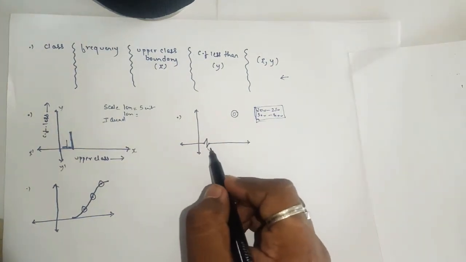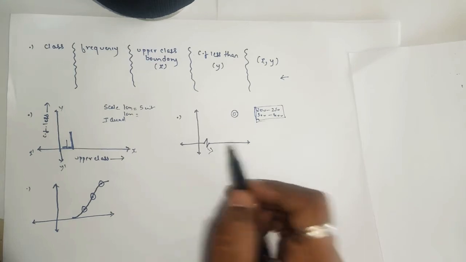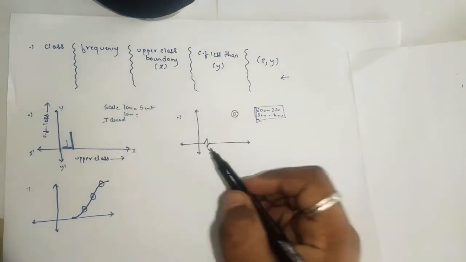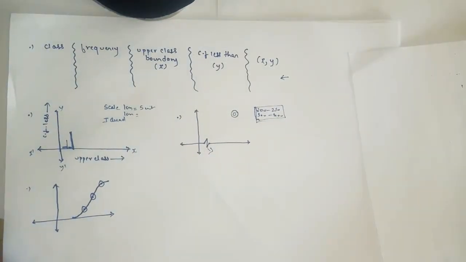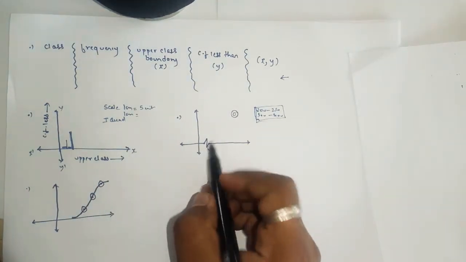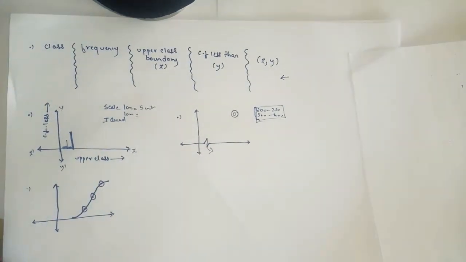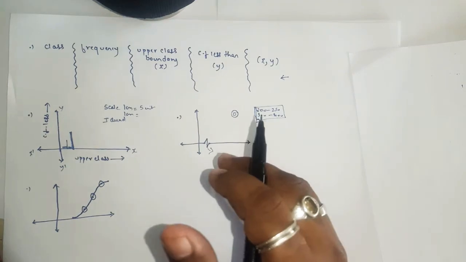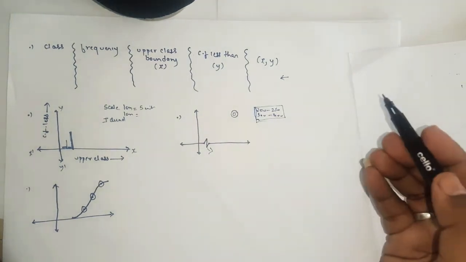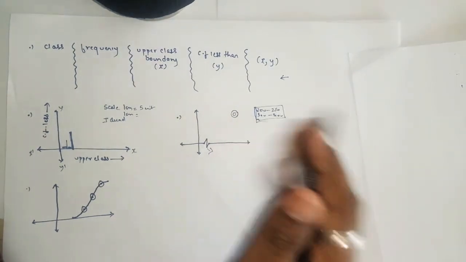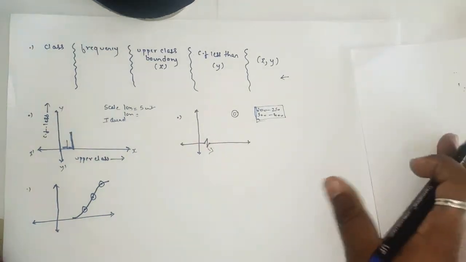This symbol is known as the kink symbol. I hope you all know why we draw this kink symbol. So remember, you draw it whenever the class starts from like 200, which means it is not closer to 0.